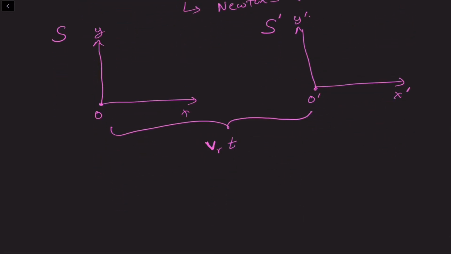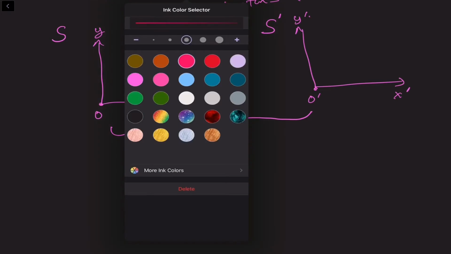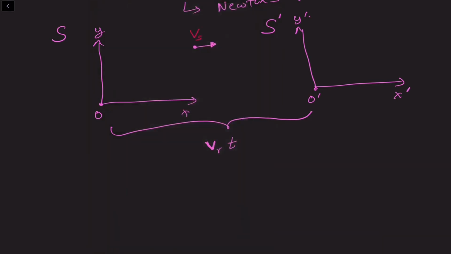Okay, so now if you take these two different observers and you look at any particle and you ask what its speed is, let's say the speed as measured by observer S is, and let's write the speed here as Vs. This is the speed measured by observer S. Now the speed as measured by observer S prime would be Vs prime, and the relationship between these two would be Vs prime equals Vs minus Vr.